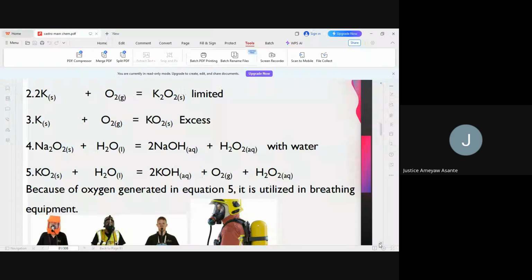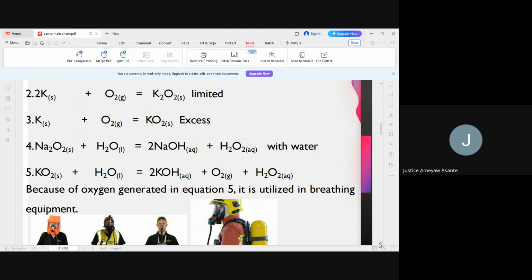So let me ask you a question. How will you prepare or produce hydrogen peroxide from any of the oxides? For you to prepare hydrogen peroxide, you use sodium peroxide or sodium superoxide or potassium superoxide.